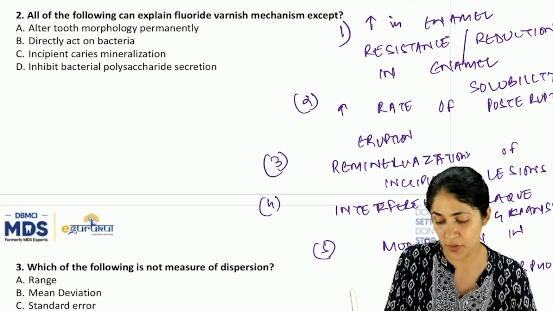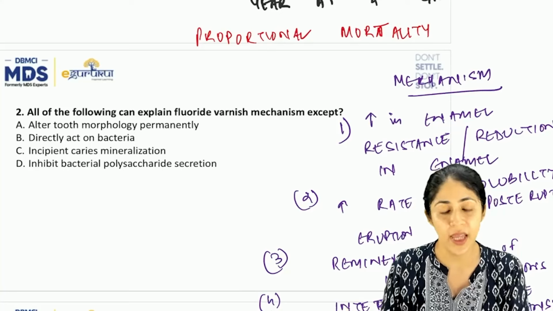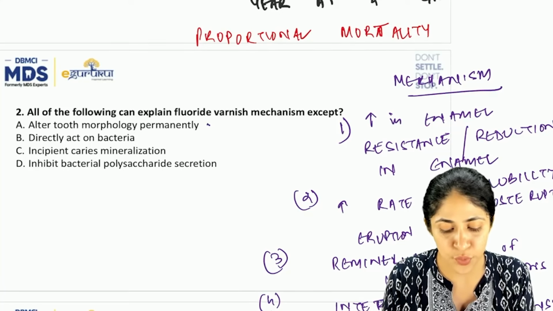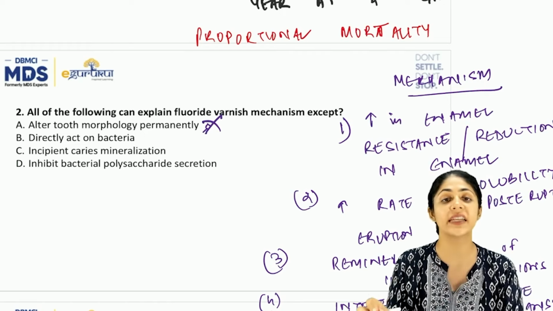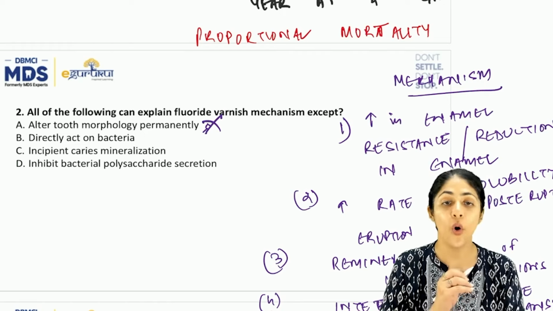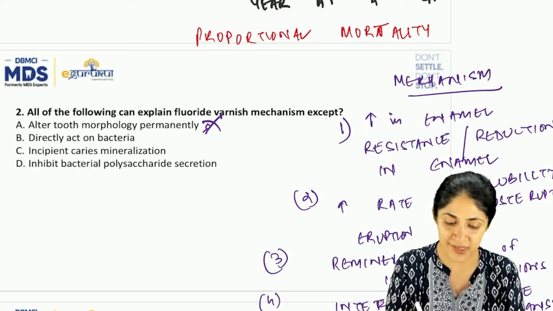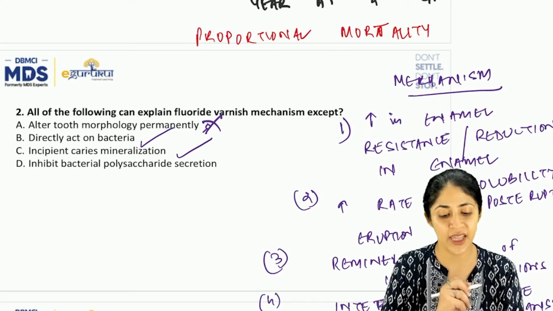Now let's go back to the options which have been given. It alters tooth morphology permanently. No. Fluoride cannot completely or permanently alter the morphology of the tooth. Yes, it directly acts on the bacteria. Yes, it remineralizes the initial caries.